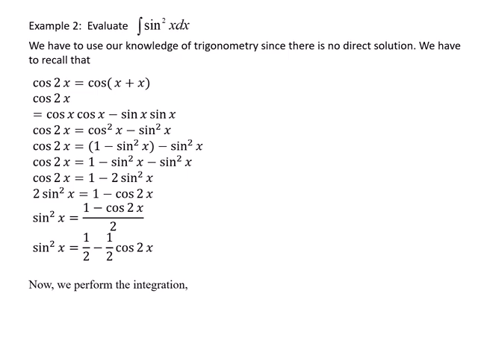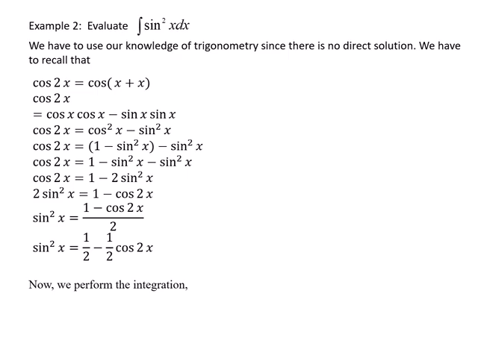From that trig identity, we have cos square x minus sin square x. And cos square x is always 1 minus sin square x. So we have 1 minus sin square x minus sin square x. We are having 2 sin square x now, so it becomes 1 minus 2 sin square x.